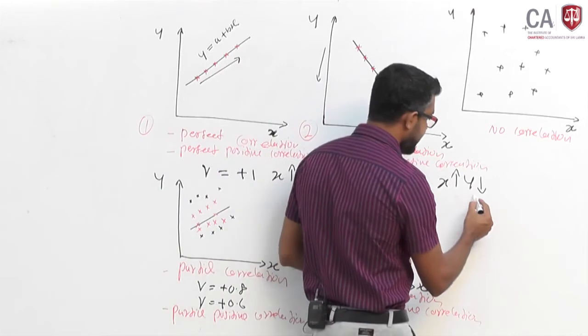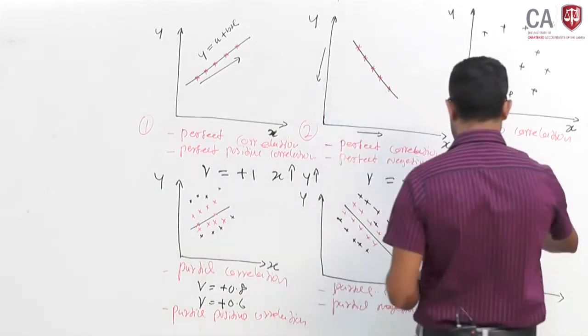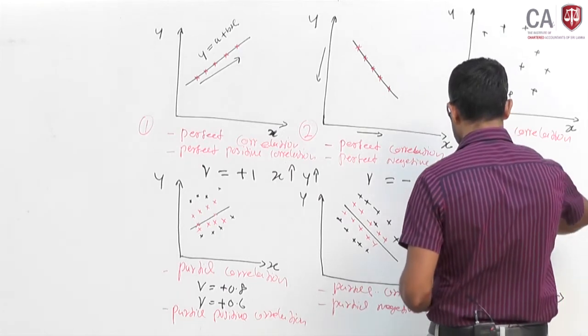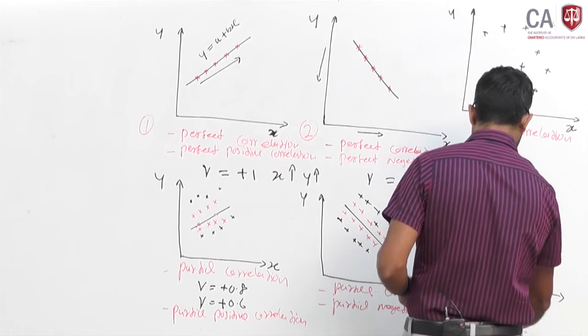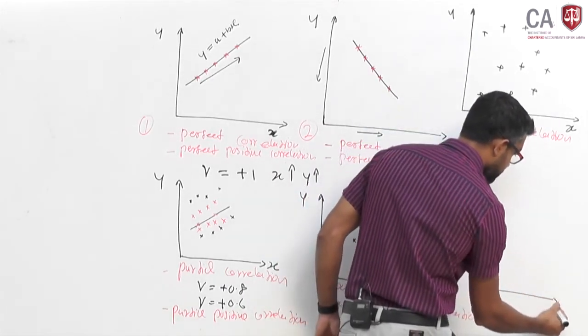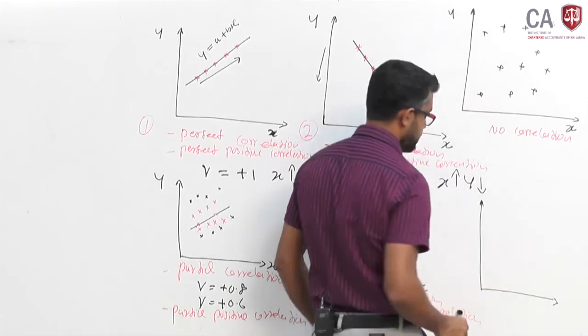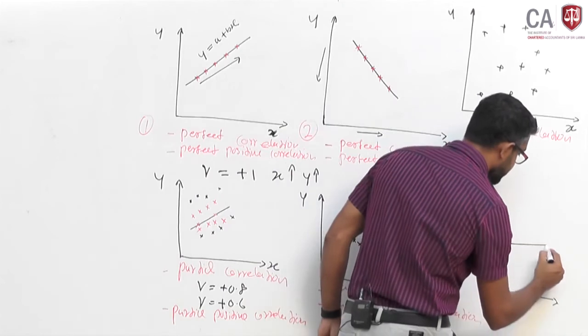And if you look at this graph, there the regression line, let's say, is like this.